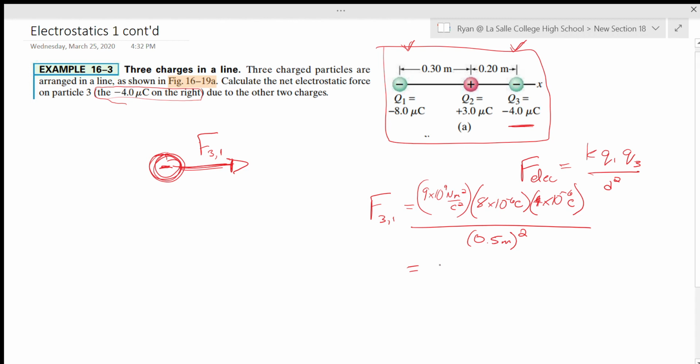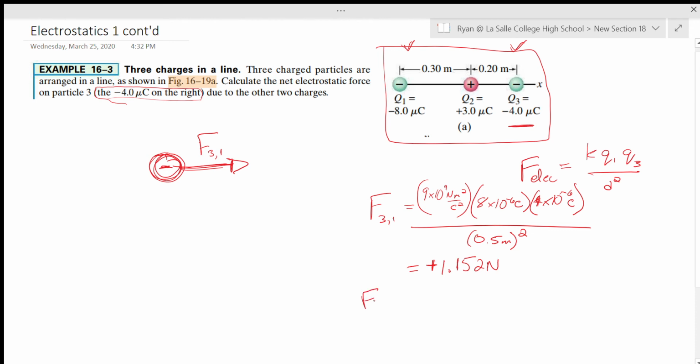Yeah, I get 1.152 newtons. And is it positive or is it negative? Well, I drew this arrow on the diagram over here. This arrow is indicating that it's to the right. So I'm going to add a plus sign because it's to the right.